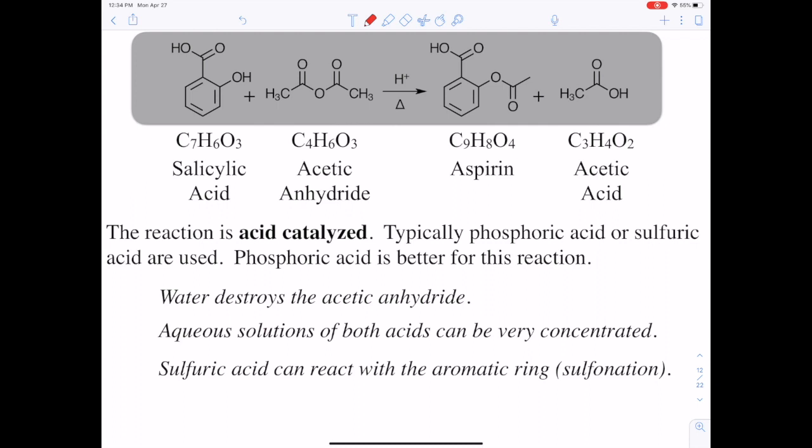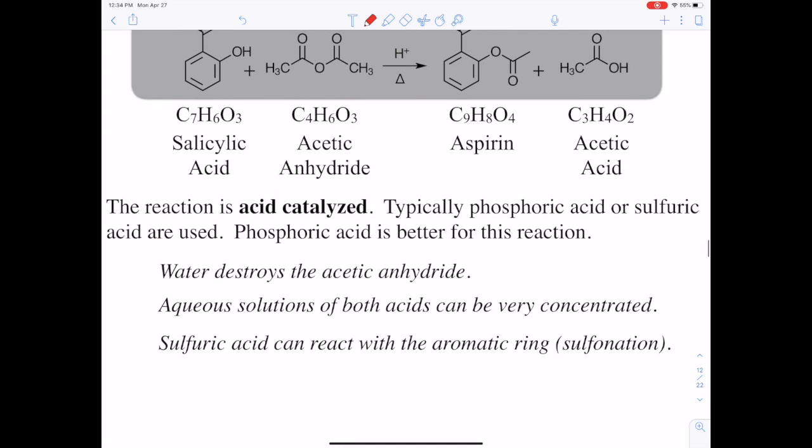So the reaction is acid catalyzed. We'll look at the mechanism later. But you can use phosphoric or sulfuric acids. Phosphoric acid is a little bit better, but sulfuric acid works fine. The reason we use these is because you can obtain these in very concentrated solutions, and you don't want a lot of water around.